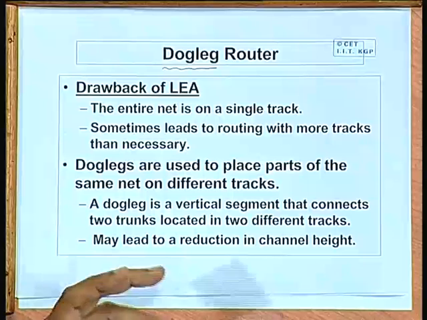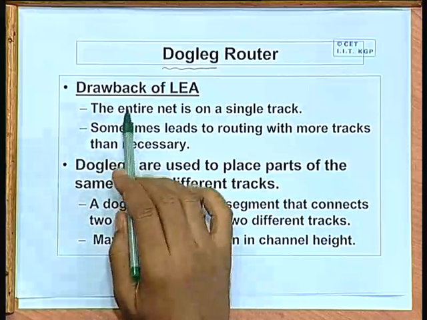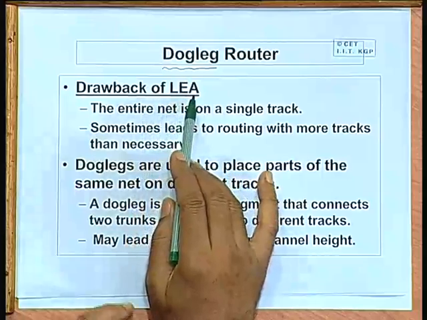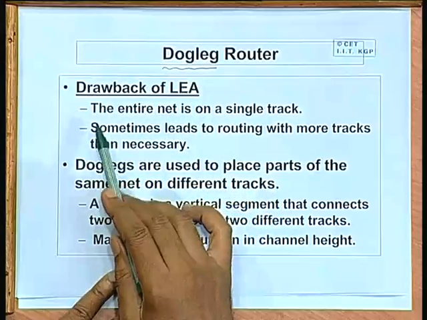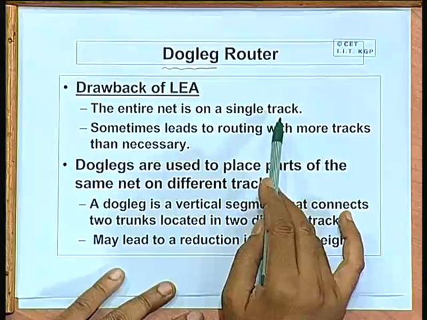So, the basic dogleg router tries to overcome the drawbacks of the left edge algorithm that we have just mentioned, namely the entire net is assigned to a single track.